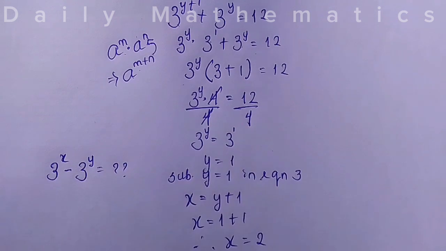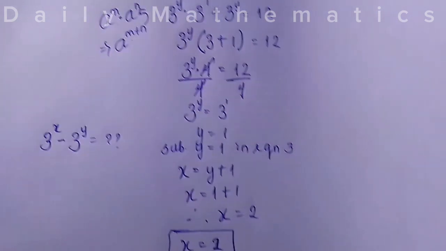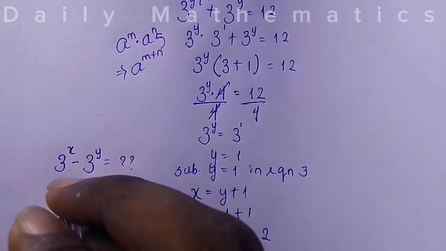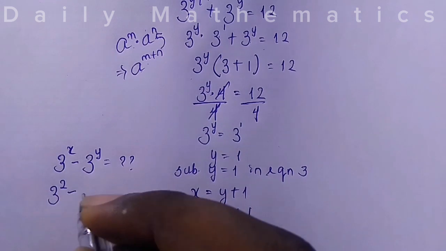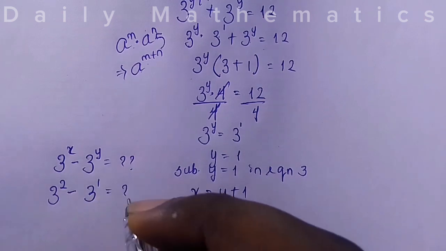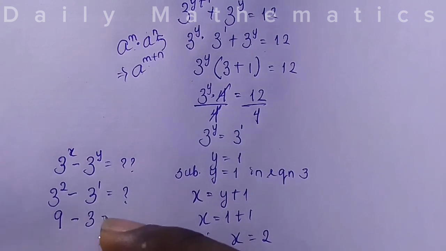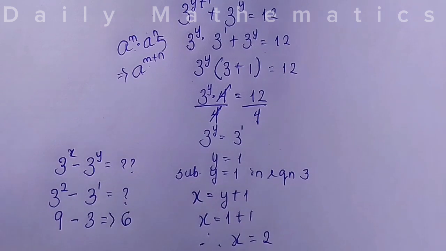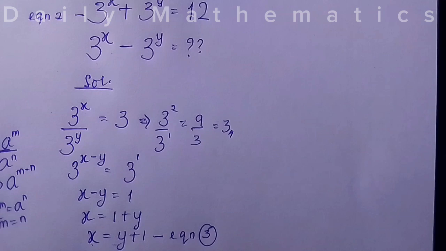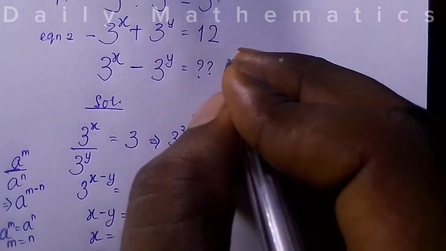Now we know that x is 2 and y is 1, so that's 3 raised to the power of 2 minus 3 raised to the power of 1 equals what? 3 raised to the power of 2 is 9, minus 3 raised to the power of 1 which is 3, so 9 minus 3 equals 6, right? So our answer for this question is 6.